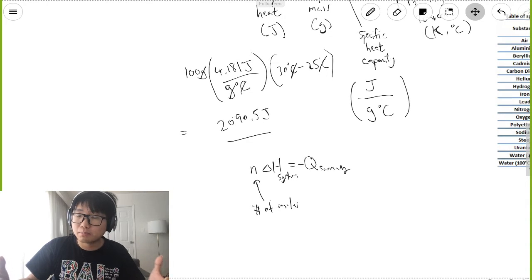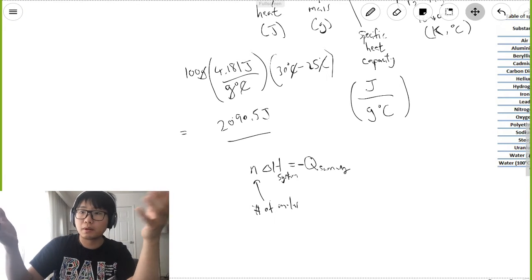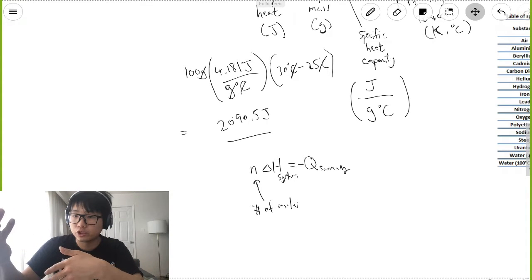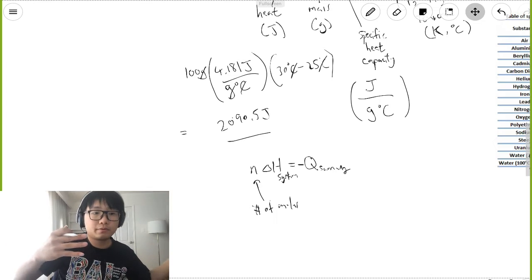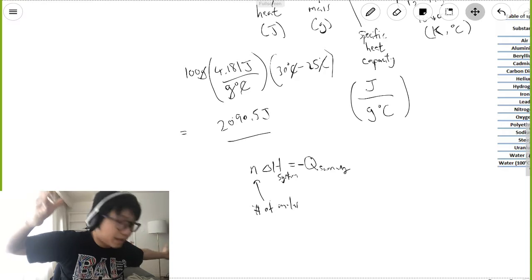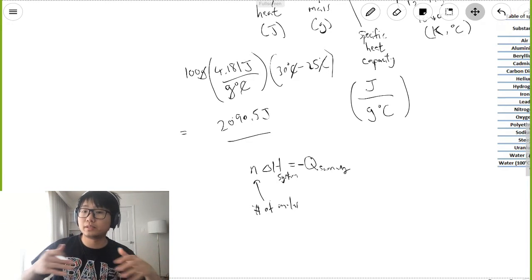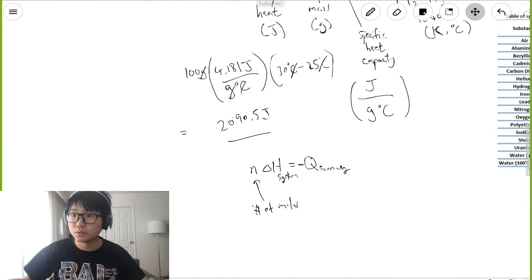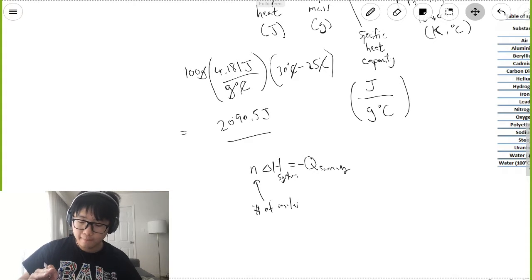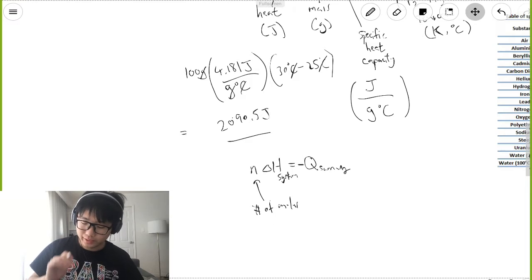The more acid and base I've included, the more energy it's going to release, right? Because think about it, if I put 10 mils of acid, 10 mils of base, it's going to release a certain amount of energy. But if I put like 500 liters, a big bucket, that's not hard to imagine. That's probably going to release much more energy, right? So we want a standard value. We want a standard value that is per mole of a substance.